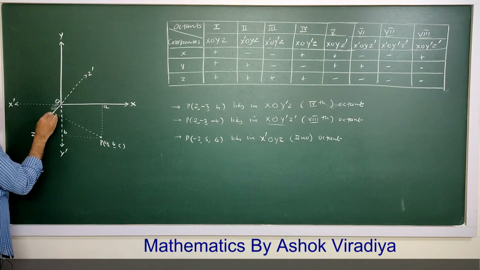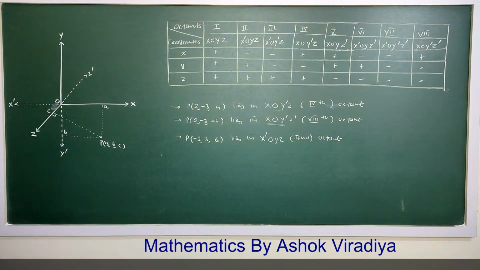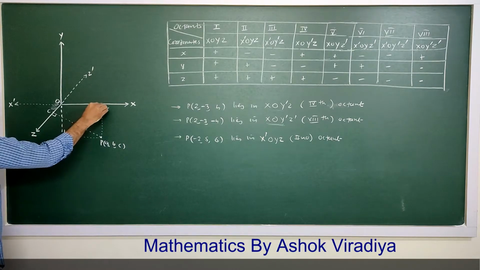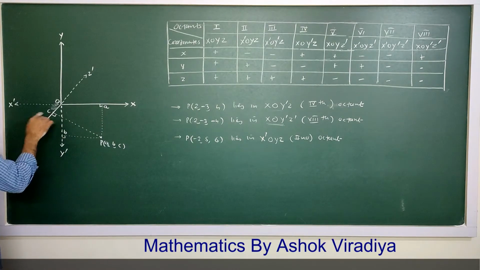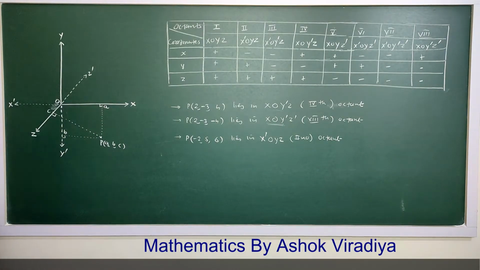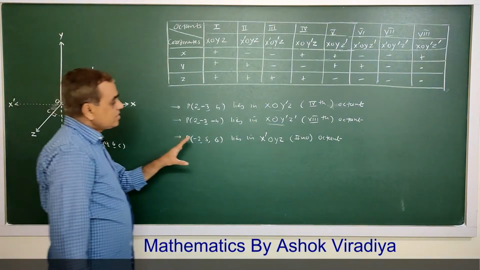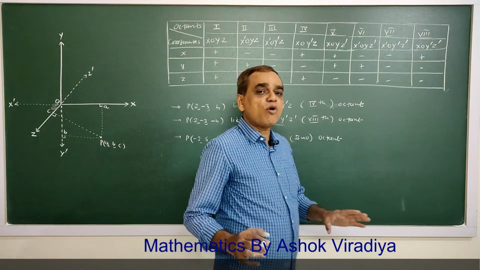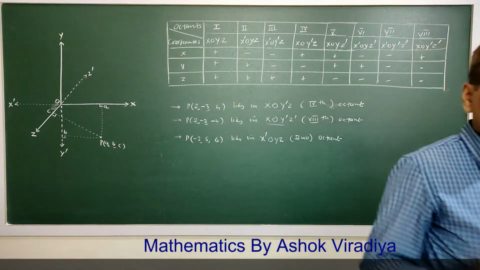So here you will find C. So perpendiculars are taken from that point on the coordinate axes. So here A, y coordinate B, z coordinate C. So this is useful to find the location of a point in the space.